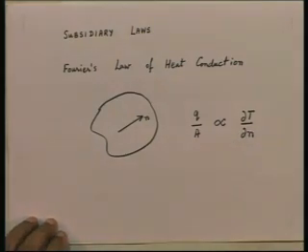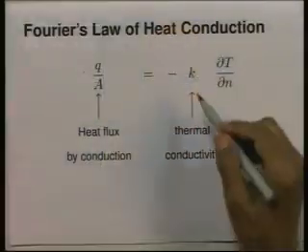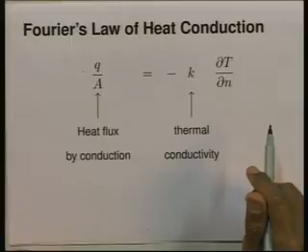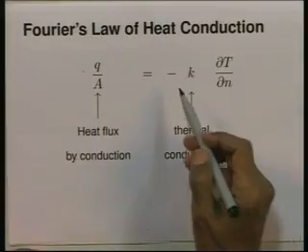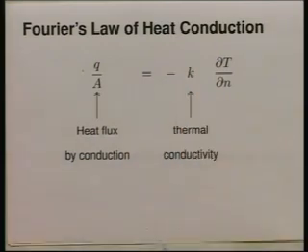All right. So, if I want to remove the proportionality sign, then the statement of the law would be the following. I would get Q by A is equal to minus a proportionality constant k multiplied by dT dn. Now, notice I have put a negative sign there and I will talk about the need for that sign in a moment.